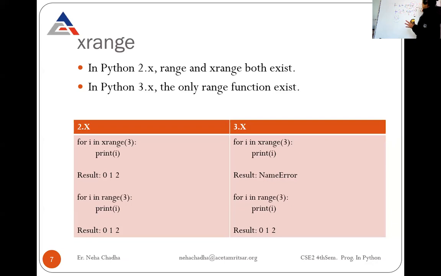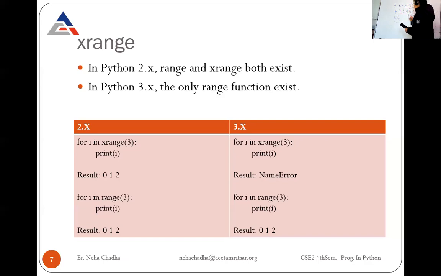It doesn't mean that only 2 iterations are here. The iteration will not get decreased. It will start from 0, so it will go till 2. Okay, 0, 1, 2. If I write 5 instead of 3, then my loop will go 0, 1, 2, 3 and 4.